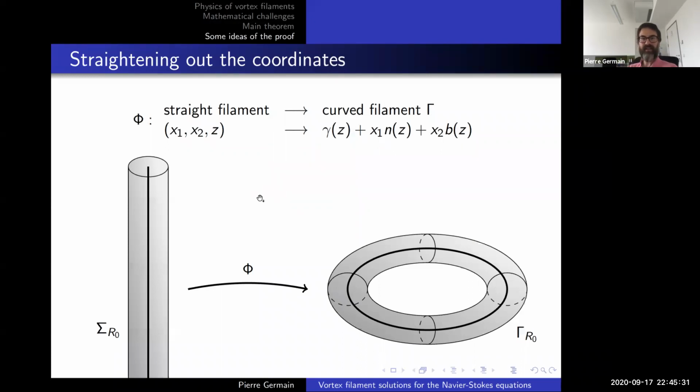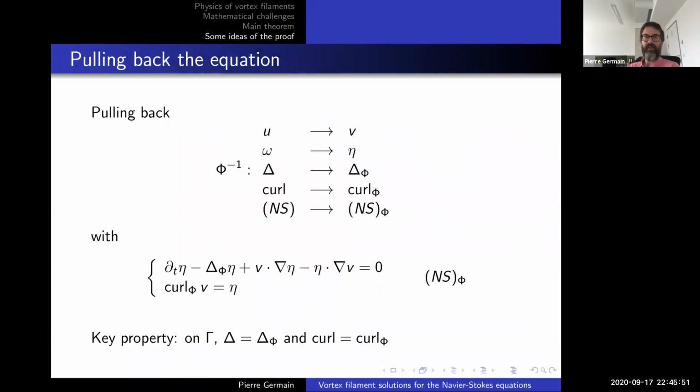And so the idea is that it should map the microscopic structure of the straight filament to the microscopic structure of the curved filament. But of course, there might be problems coming from the change of geometry. So what you're doing is you're sort of pulling back the equation.